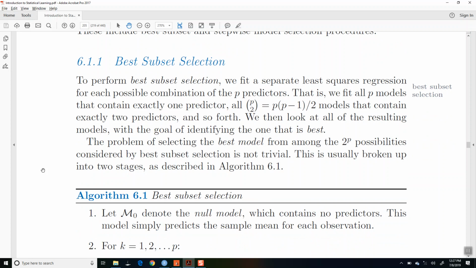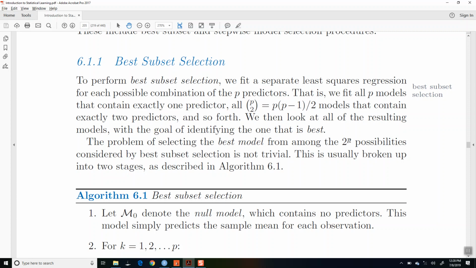This is like, I guess, the ideal scenario in that you test out every single possible combination of variables, okay? So if you have p predictors, there's going to be 2 to the p models, because it's basically, do I include variable 1? Yes or no. Do I include variable 2? Yes or no. Do I include variable 3? Yes or no. Do I include variable 4? Yes or no. And every possible combination.